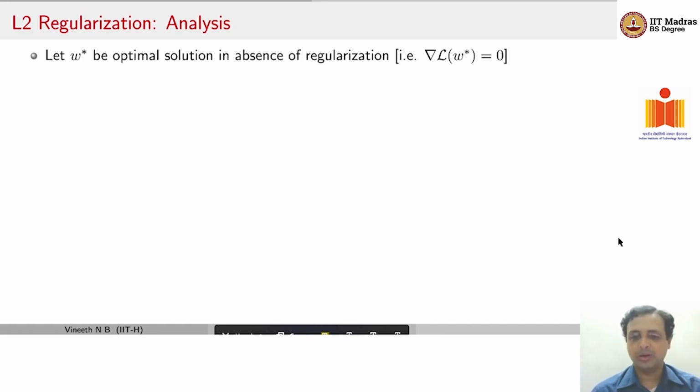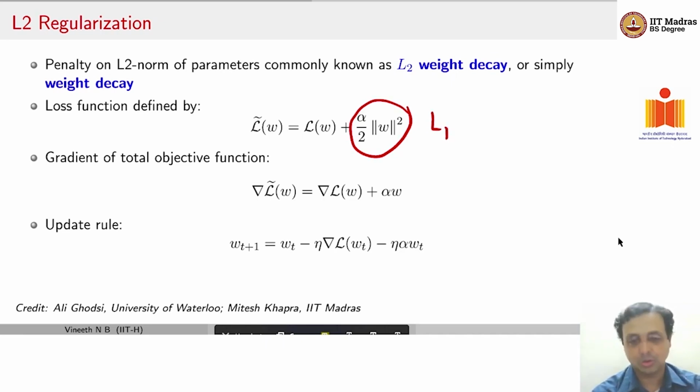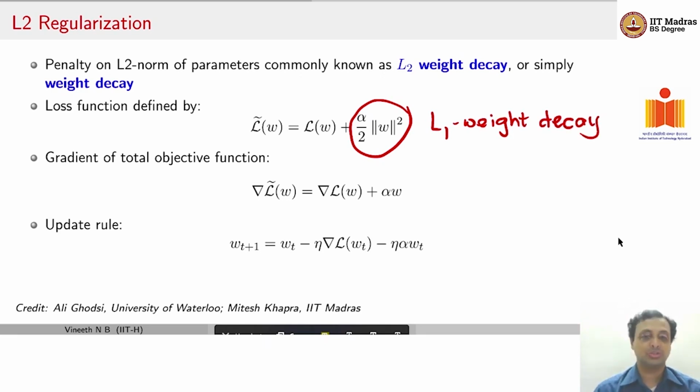Let me add one point here: you could also minimize other norms of W in this term. You could have L1 weight decay, which is also a common approach and enforces sparsity in the weights of the neural network. By sparsity, we mean many of the weights in the neural network will be forced to go to 0.